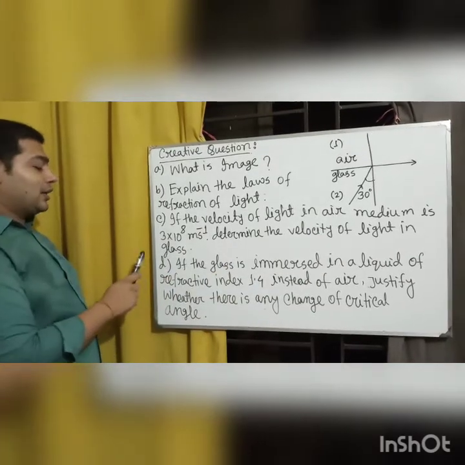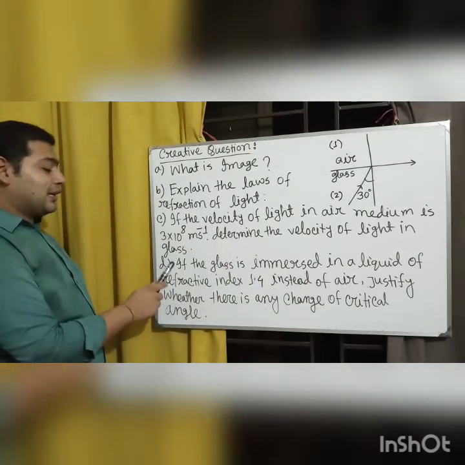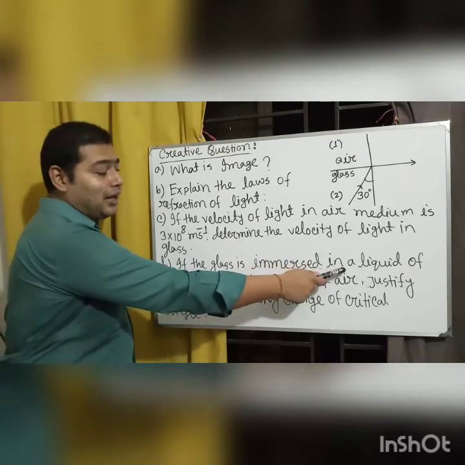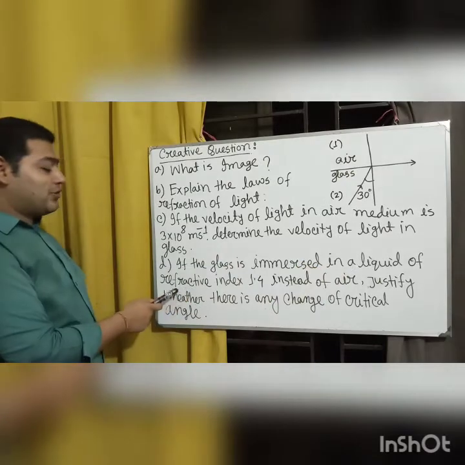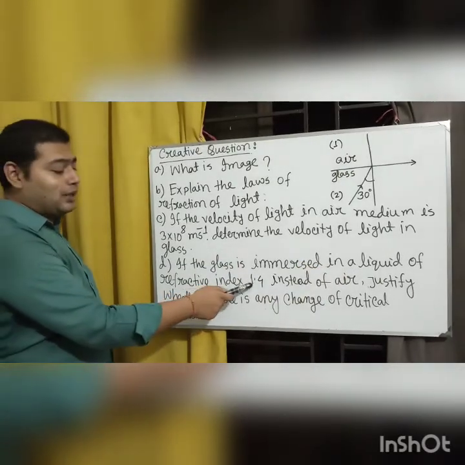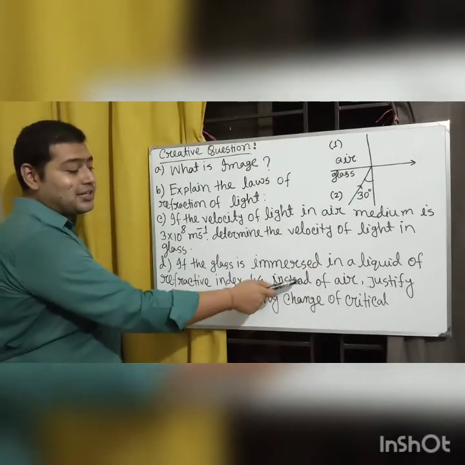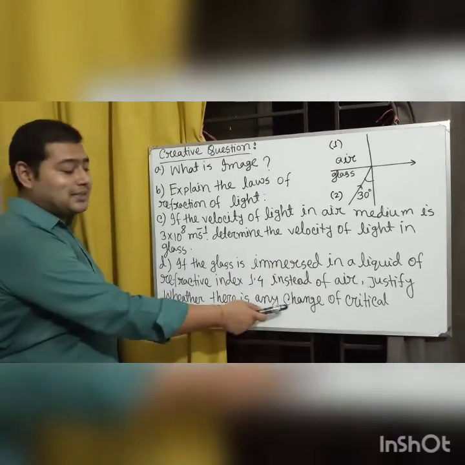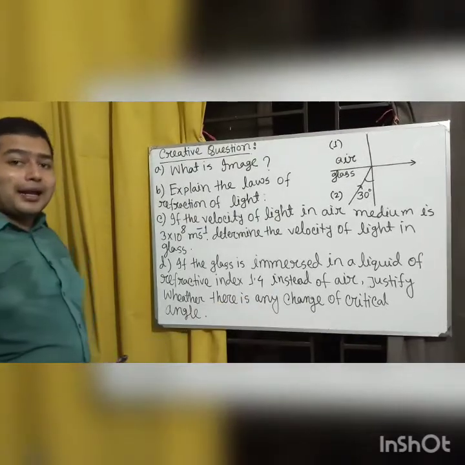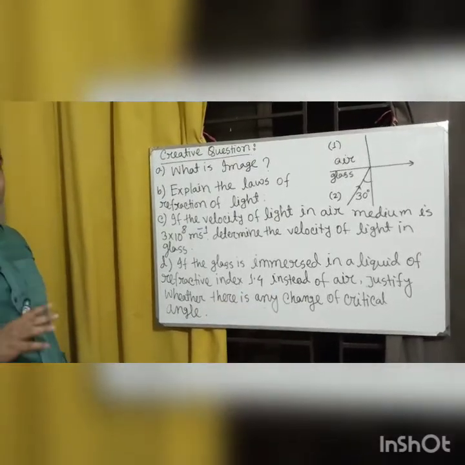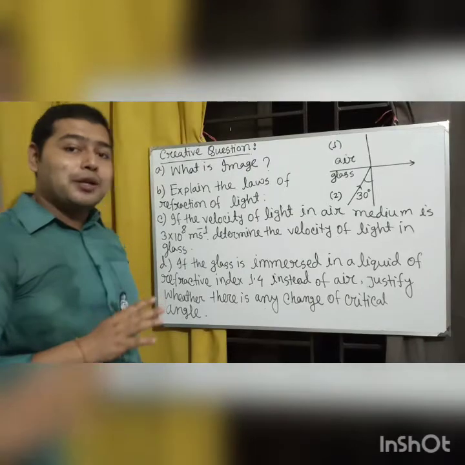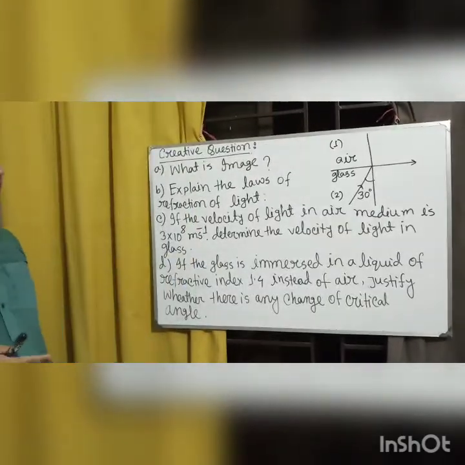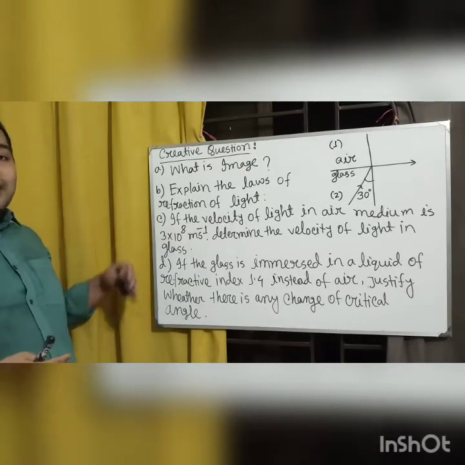Question D, if the glass is immersed in a liquid of refractive index 1.4 instead of air, justify whether there is any change of critical angle. So this is our creative question. Now I will try to answer all these questions part by part.